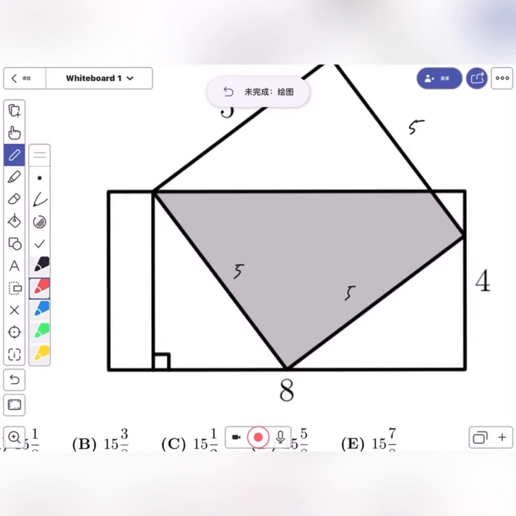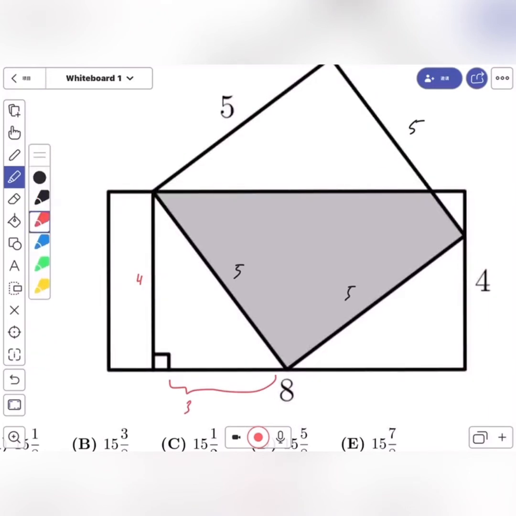Now, this part is a 4 because it's just a rectangle. Now, what is this side? This side is just 3, right? Because we can see that this triangle is a 3, 4, 5. So now we just do some angle tracing right here. Because this is a right angle, we call this alpha.